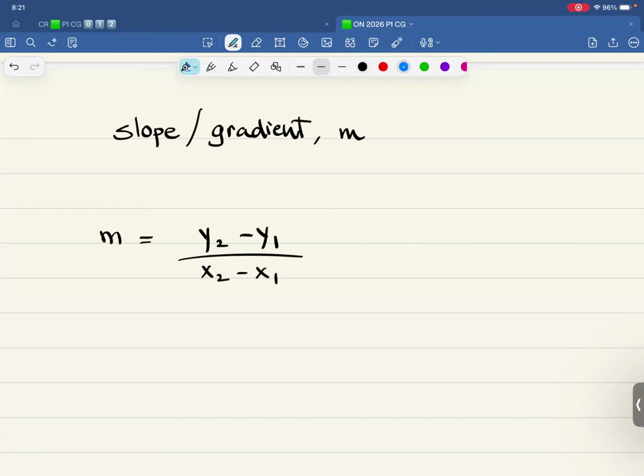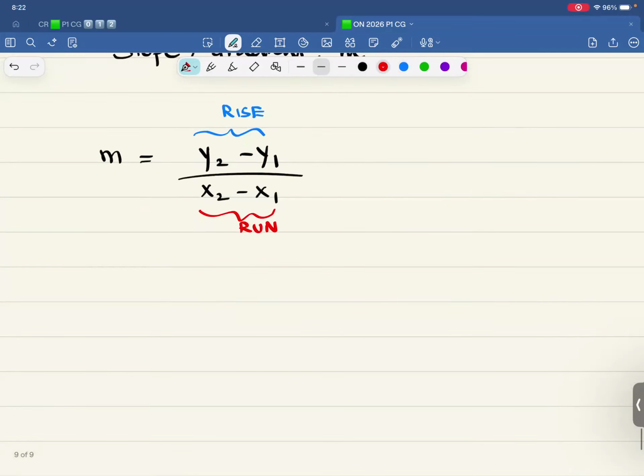So y2 minus y1 is the rise, and x2 minus x1 is the run. So change in y over change in x. The rise is change in y, the run is change in x, and that is how you get the slope.